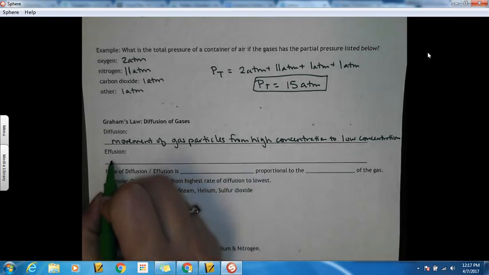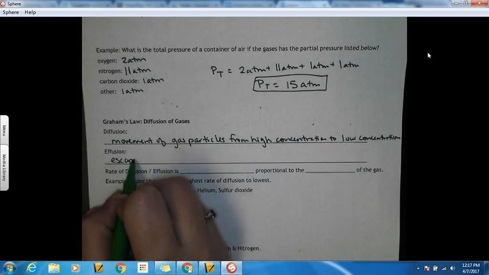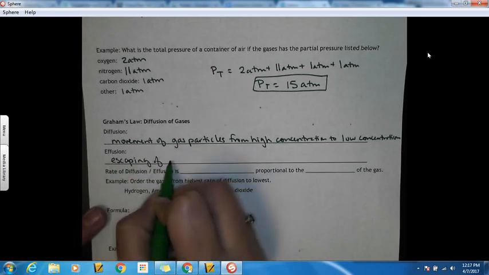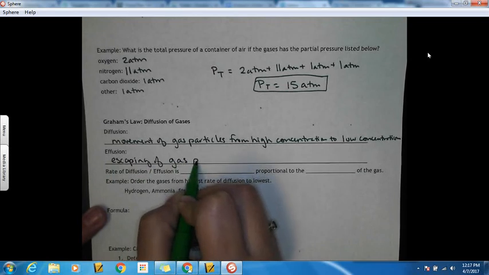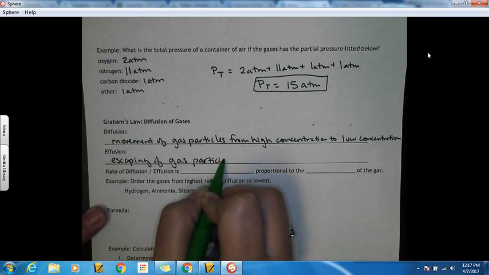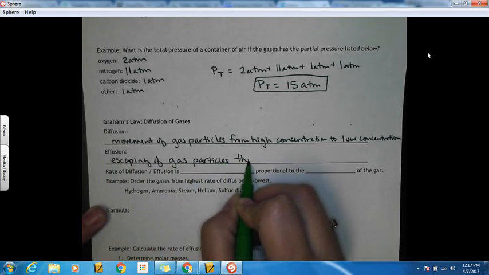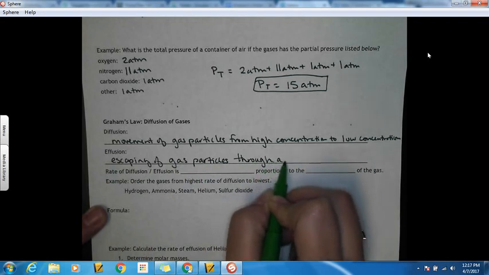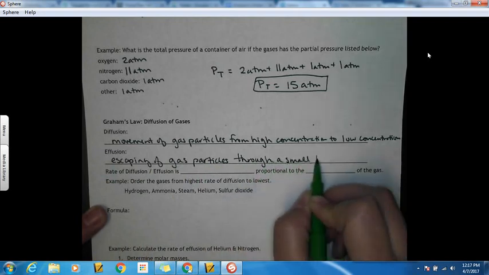Effusion is the escaping of gas particles through a small hole. So think about your helium balloons, right? You get these balloons for your birthday, they last for a couple of days, then that balloon starts to sink, and eventually it's on the ground, right?